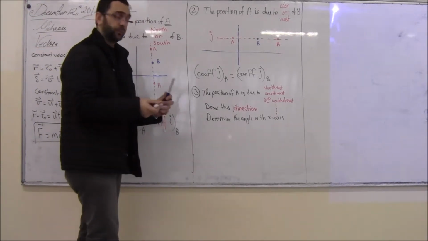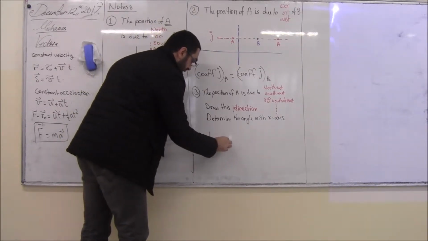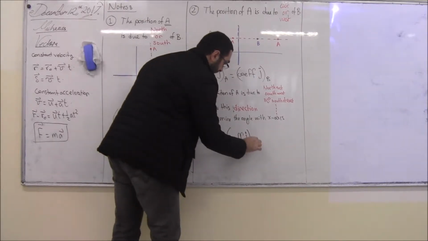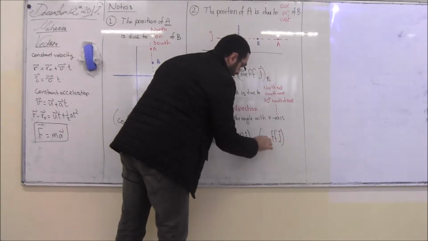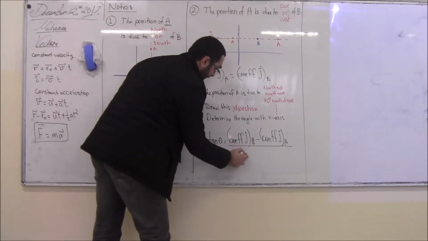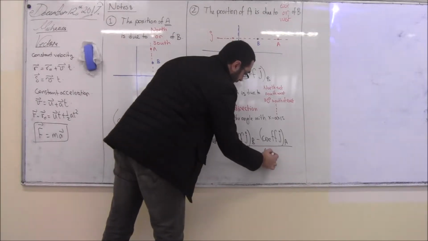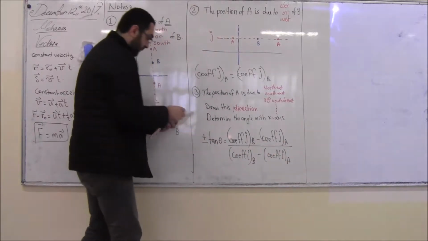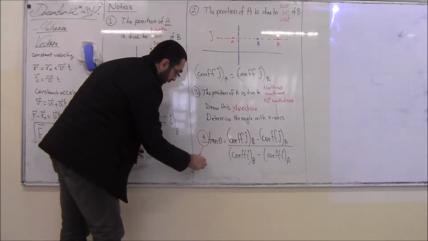Then apply this formula: plus or minus tan theta equals coefficient of J for B minus coefficient of J for A, over coefficient of I for B minus coefficient of I for A. The plus or minus depends on the quarter.